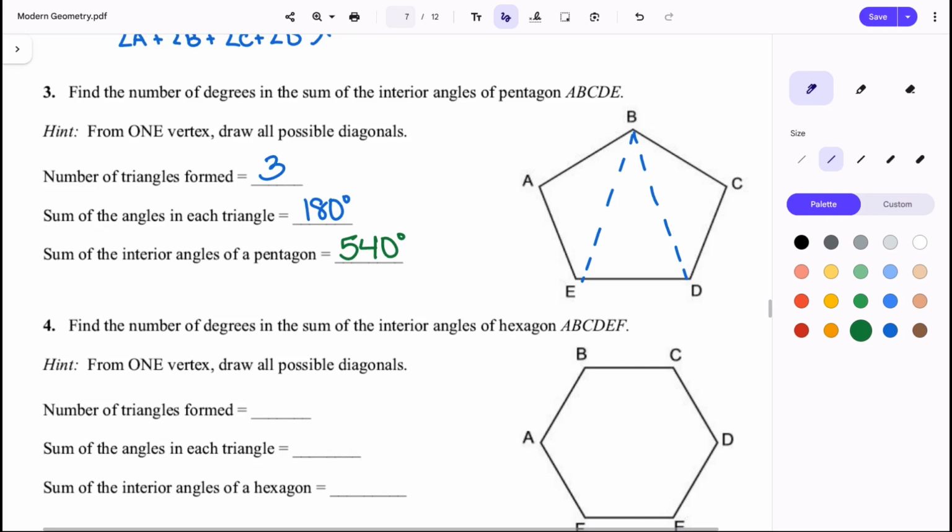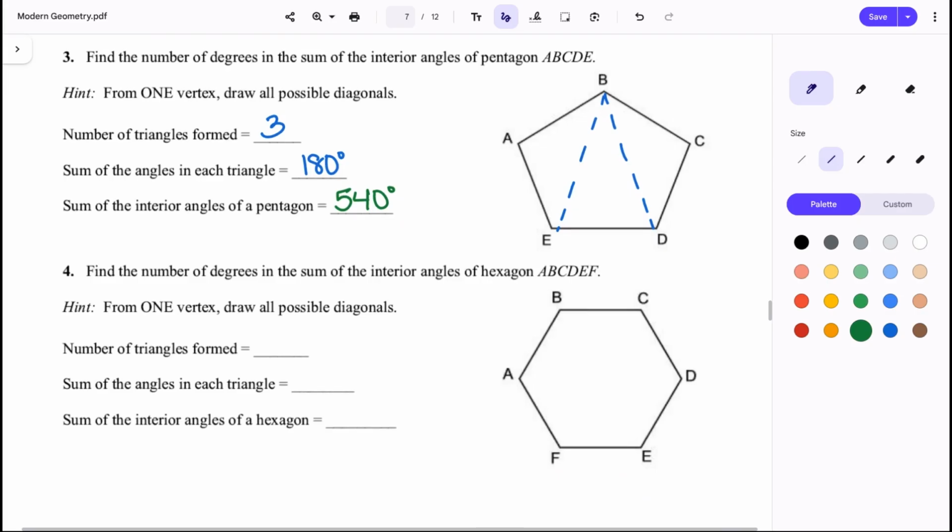Okay, now let's take a look at the last one on this page. Now I have a hexagon. Hexagon means 6 sides. Again, let's pick a letter to draw all of our triangles from. What letter would you guys like to draw our triangles from? B again? So what letter should I connect from B? B should go to what? F. And D. Good. Oops, that one got a little off.